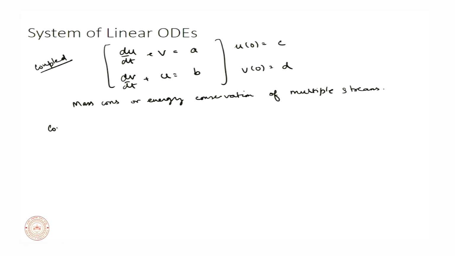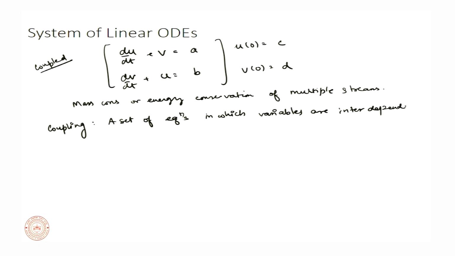So, coupling: a set of equations in which variables are interdependent. Okay, so that is the meaning of coupling.